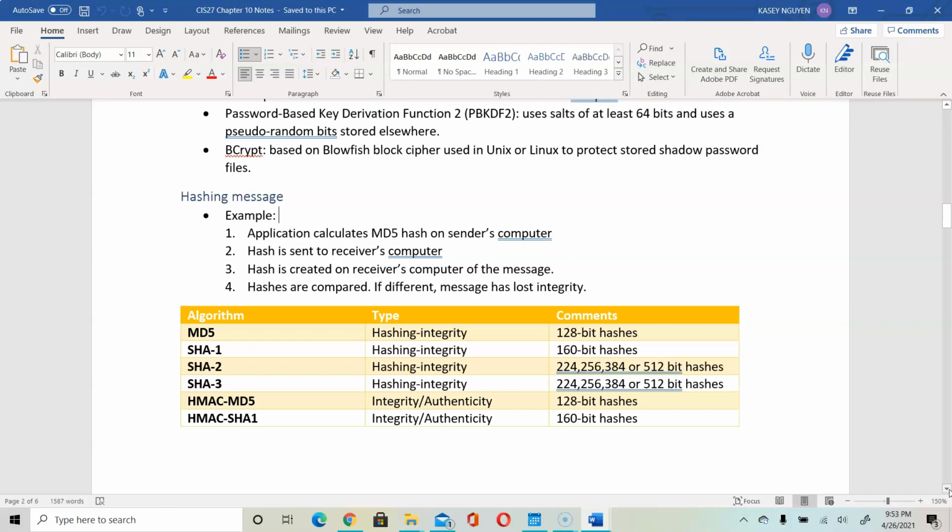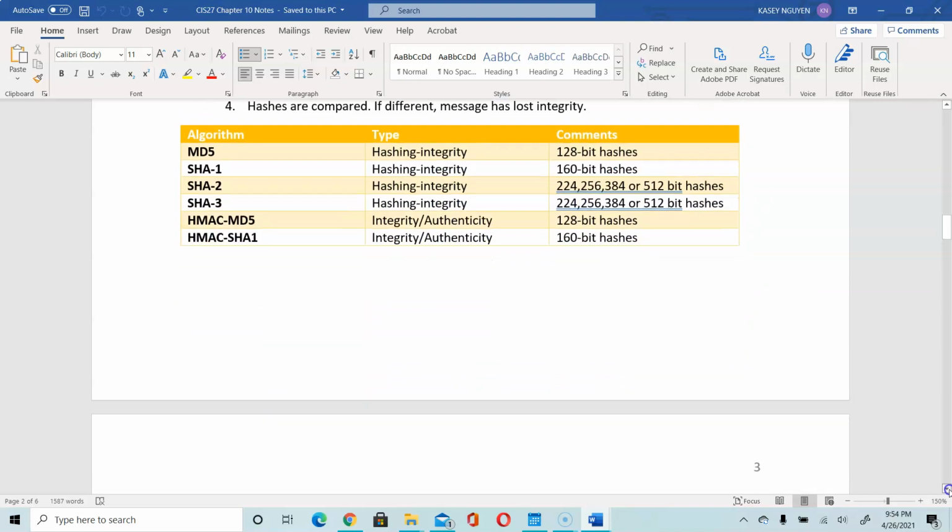So that would check for the integrity using hash. And there are different bit sizes. With HMAC MD5 and SHA1, that is used to check integrity and authenticity in that it would implement authentication process with the hashing.